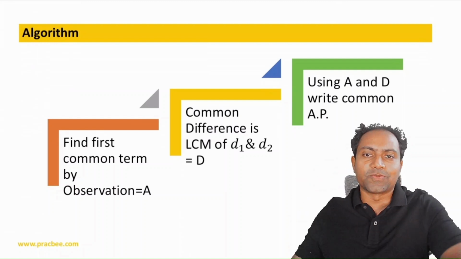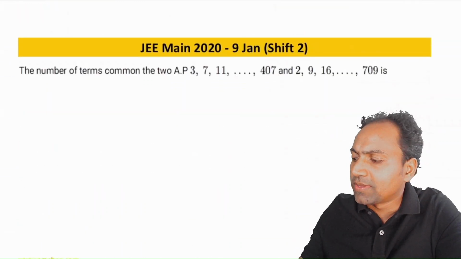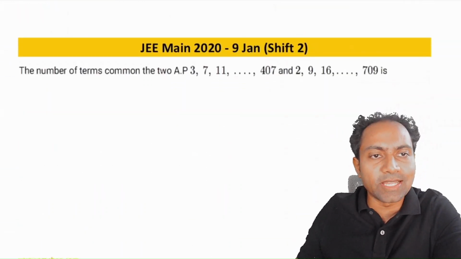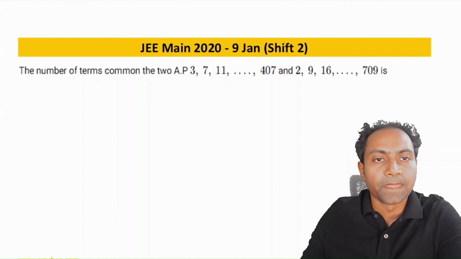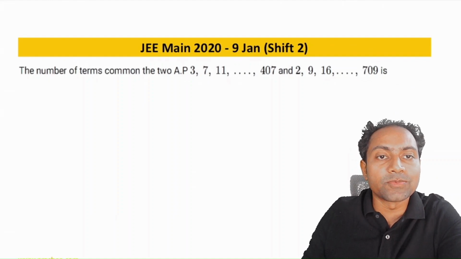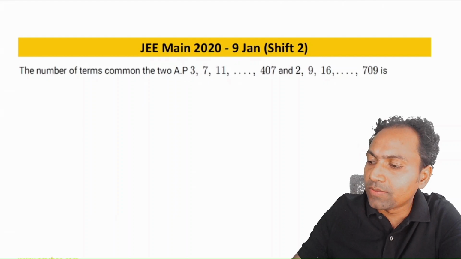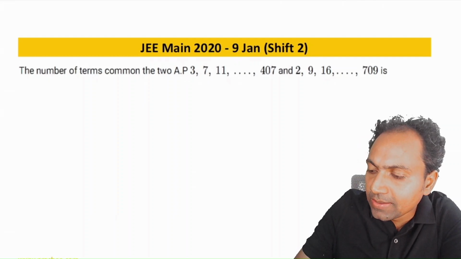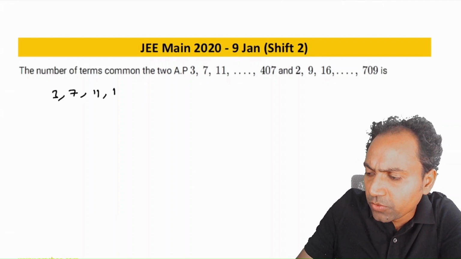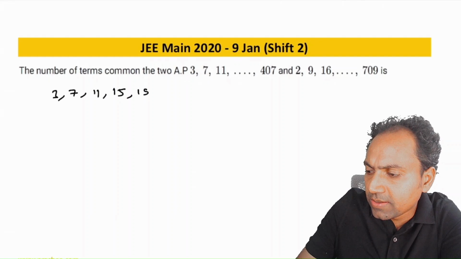Now let us see how this works out. This is a very straightforward question. The question says that we need to figure out the number of terms common to the two APs. So you can physically observe here that if I write the first term as 3, then 7, then 11, we are adding 4, it becomes 15, then 19, and so on and so forth till 407.